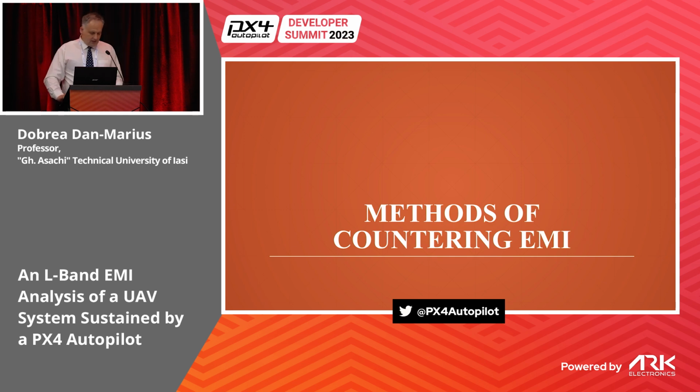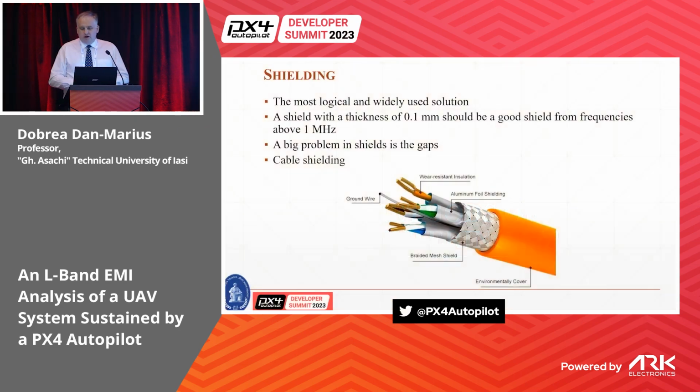Okay, right now I'll present some methods to alleviate this kind of problem. The well-known solution is to use shielding, and when you use a shield, that shield is no more or less than a Faraday cage that constrains your electromagnetic interference. If you use a frequency higher than 1 megahertz, it's enough to use a shield with a thickness of 0.1 millimeter.